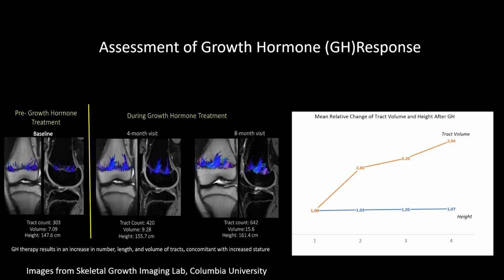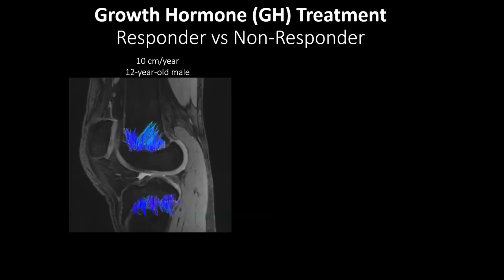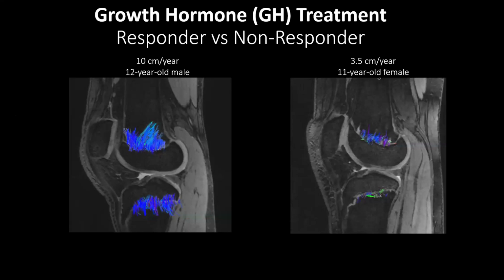We can actually measure how well it works, and even more so if we start having a discussion regarding responders and non-responders, because the non-responders are those we are quite worried about. To the left here, we have a 12-year-old male with a lot of tracts being symmetrical. They will grow approximately 10 centimeters per year according to a rough measurement.